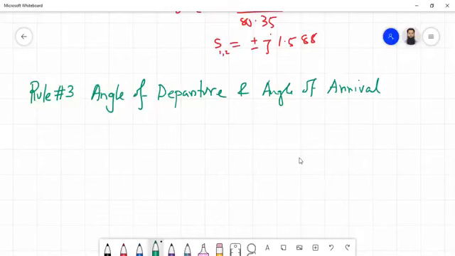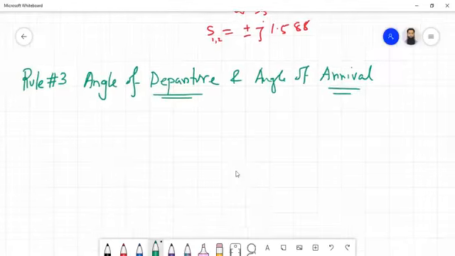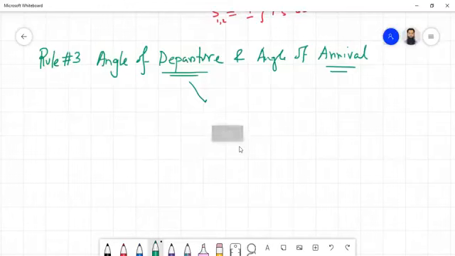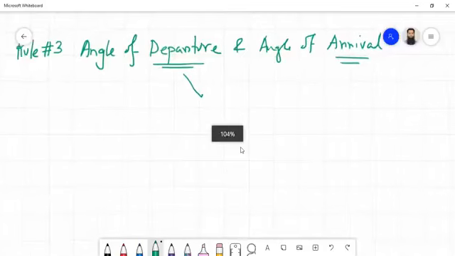It seems like departure and arrival, going to somewhere, leaving somewhere. So this also will help us to find out the guiding, how from a particular point. And these two are related to complex poles and zeros.